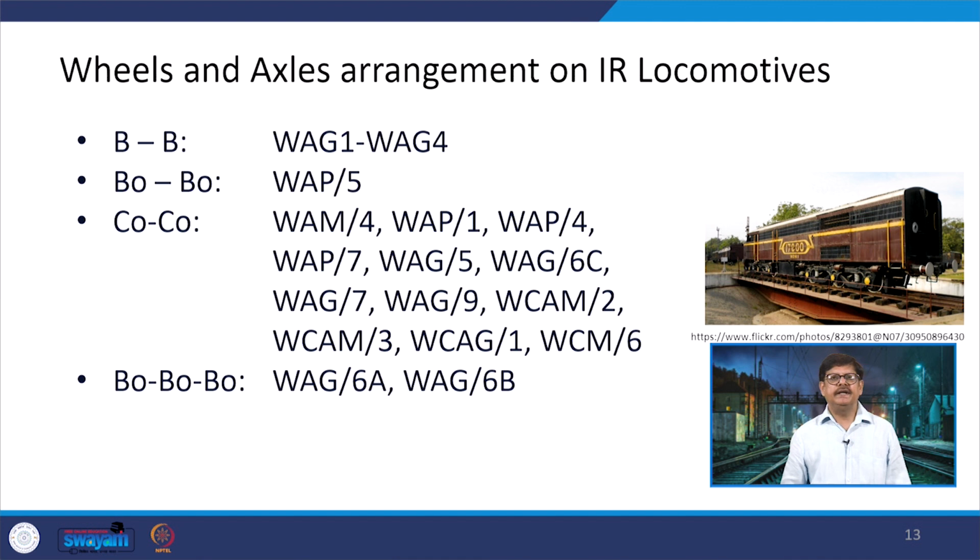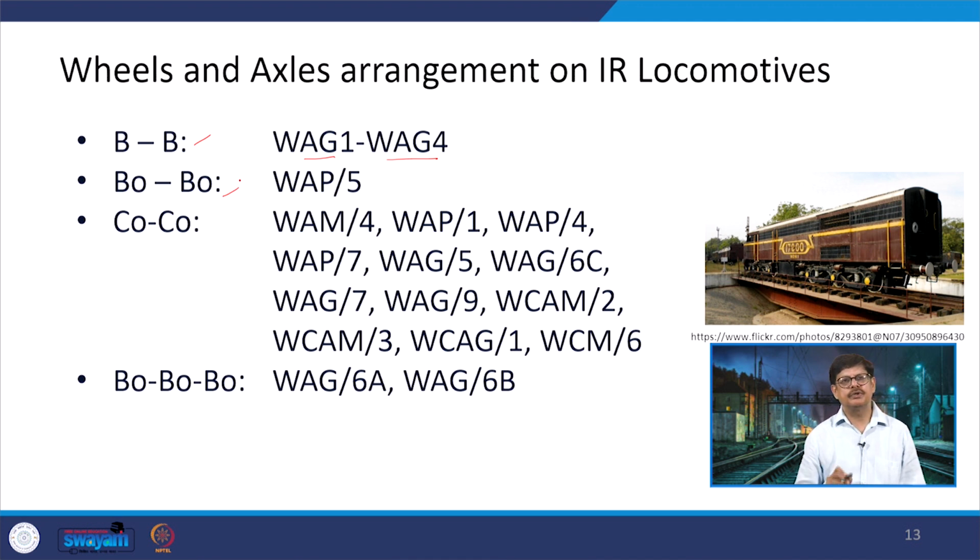Now, if you look at the Indian Railways locomotives, there are different types of locomotives which have been used. We will be talking about these nomenclatures a bit afterwards, but what we can see here is that WAG1 to WAG4 are given the wheel arrangement, axle arrangement as B dash B, whereas WAP5 is BO.